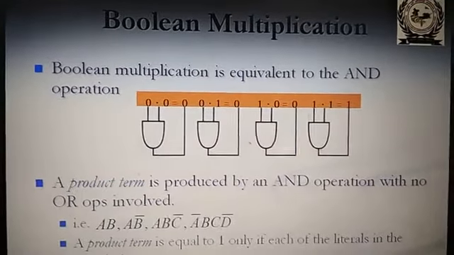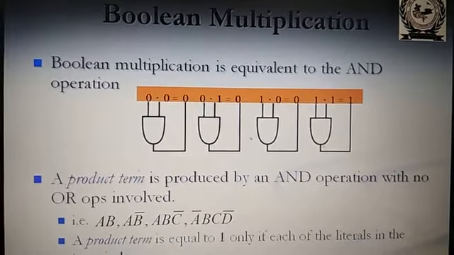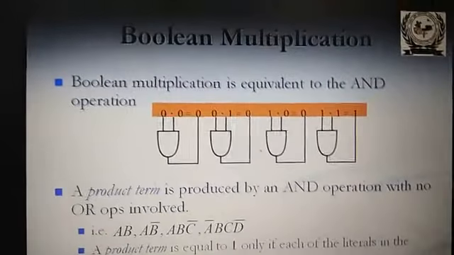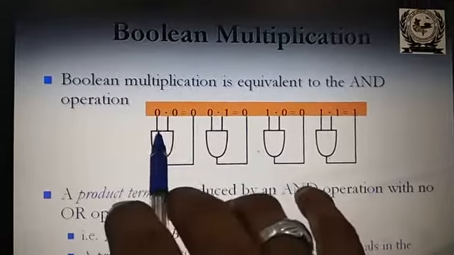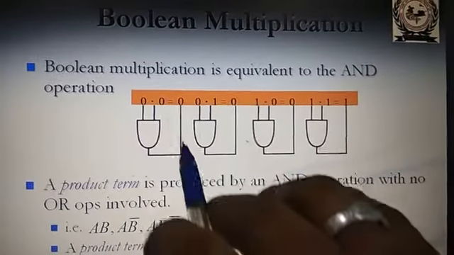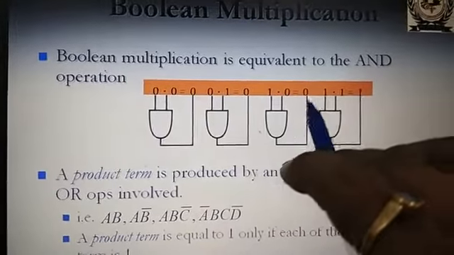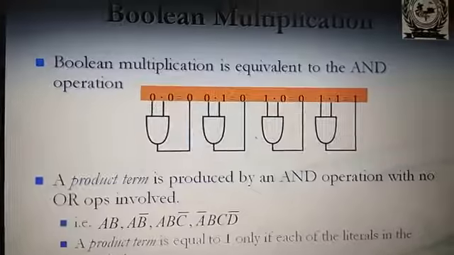Then Boolean multiplication. Boolean multiplication is equivalent to the AND operation. We have seen the AND gate. 0 dot 0, that means 0 ANDed with 0 is equal to 0. 0 ANDed with 1 is equal to 0. 1 ANDed with 0 is equal to 0. 1 ANDed with 1 is equal to 1. This is called Boolean multiplication.